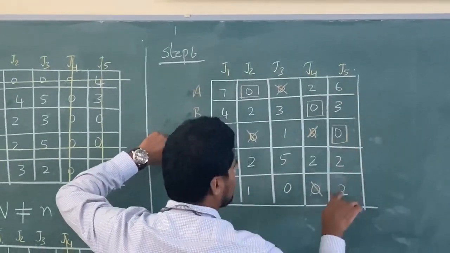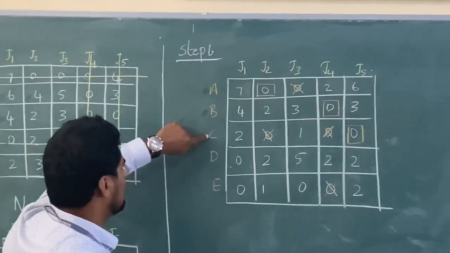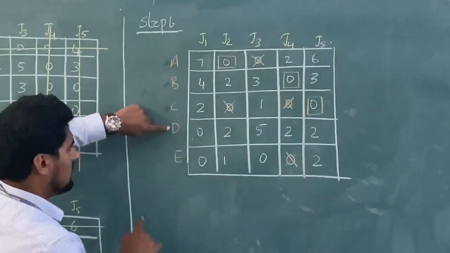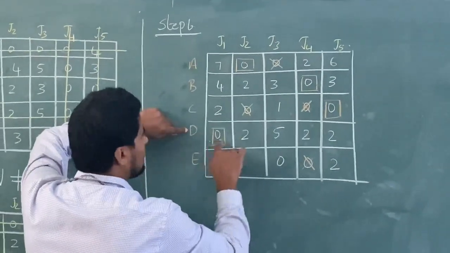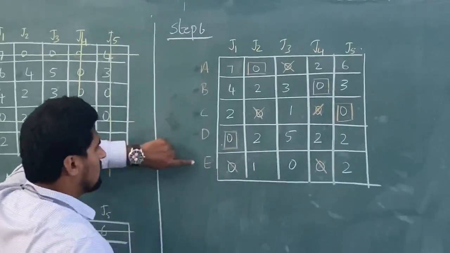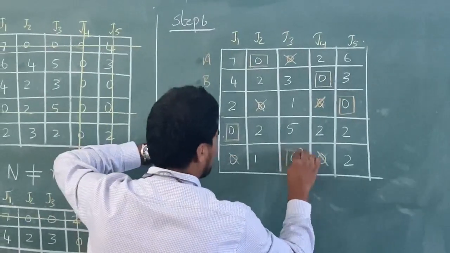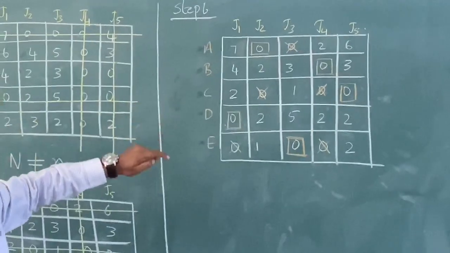Check out with this column, you don't have zeros. Again in row D, check out with zeros. Here you have 1 zero in this row, and in this column you have 1 zero. Go for machine E. In this machine, you have 1 zero here. You assign this. Okay, this is step number 6.